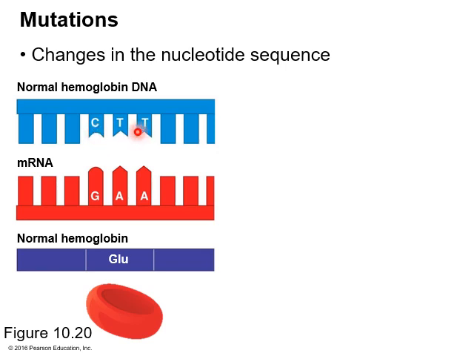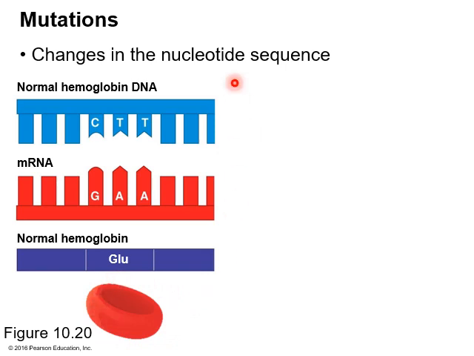When we transcribe that into messenger RNA, we end up with GAA. And when we translate that, we end up with the amino acid glutamine. And what that results in is a hemoglobin gene that causes a red blood cell to have its typical round donut shape.